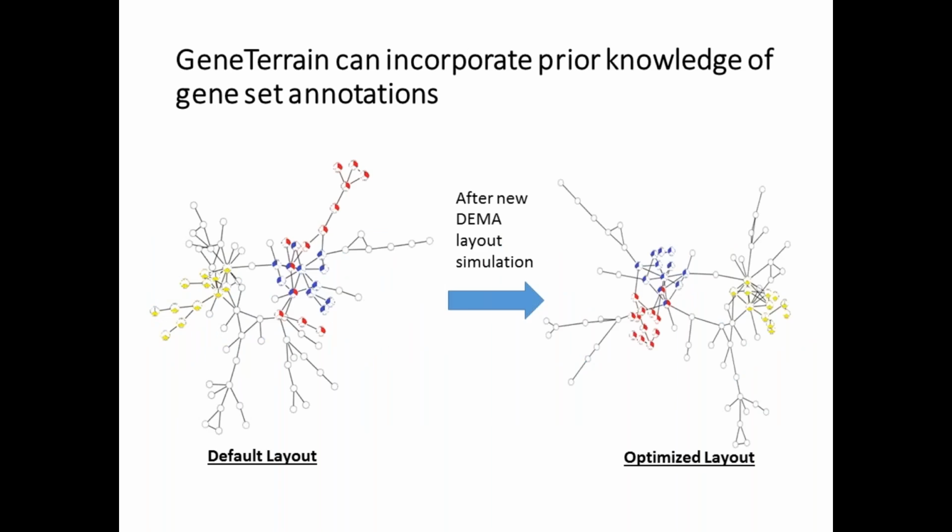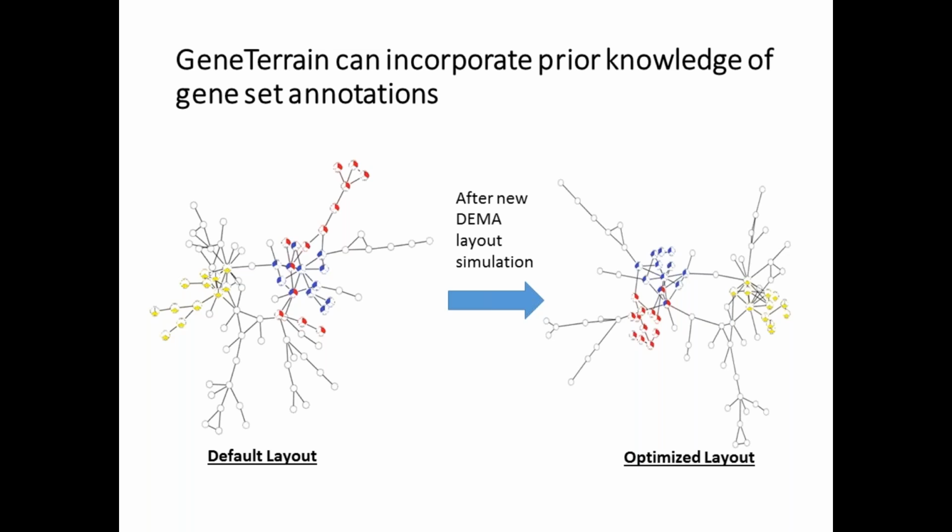And then in addition to that, the gene terrain can incorporate prior knowledge of gene set annotation. If you're using the standard layout, and all of these colors are the different prior annotation gene sets, you can see that they can be spread all over the place. For example, these may be immunity, these may be cancer-related, cell cycle-related. That layout is okay, but not ideal.